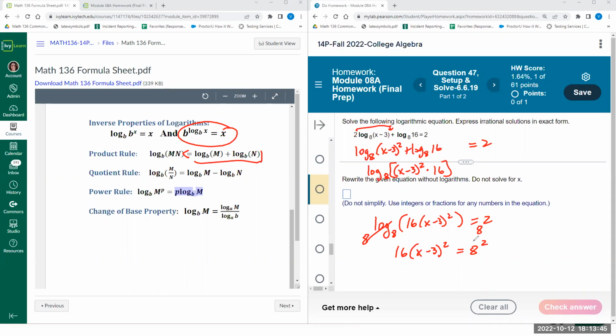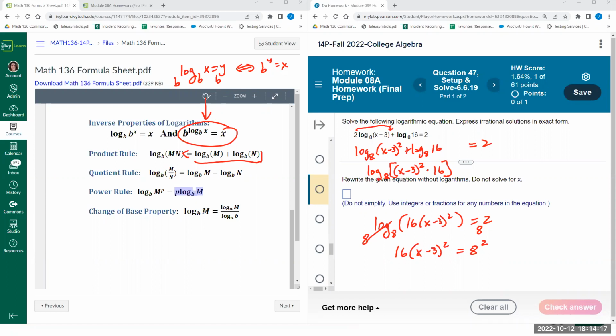The relationship between log and exponent where you rewrite, so whatever letters you're using, like log base b of x equals y, corresponding to b to the y equals x, that relationship isn't on the formula sheet. So if you want to use that, you can think of it as you're undoing the log with the base, then that is on the formula sheet. So you're applying the base to both sides.